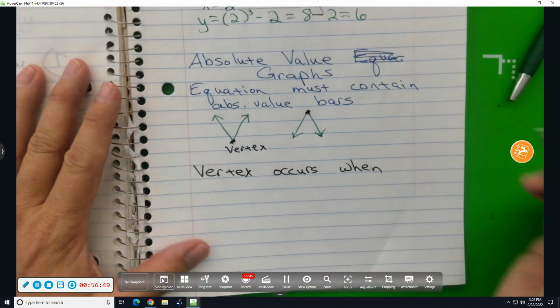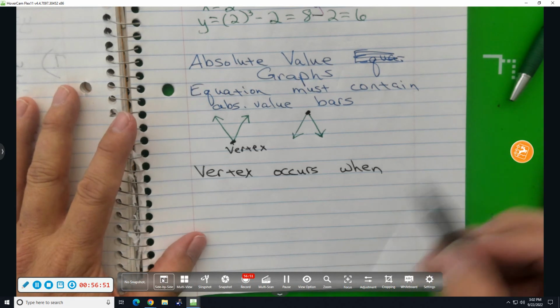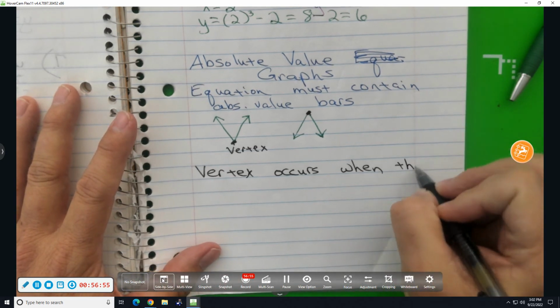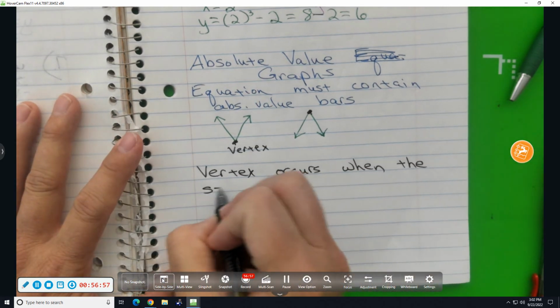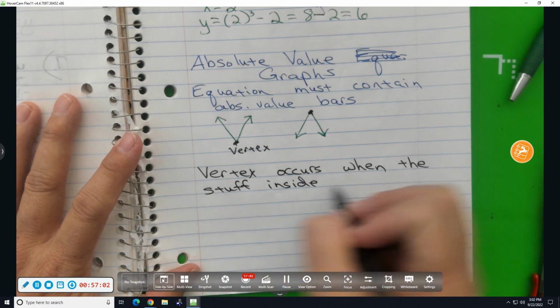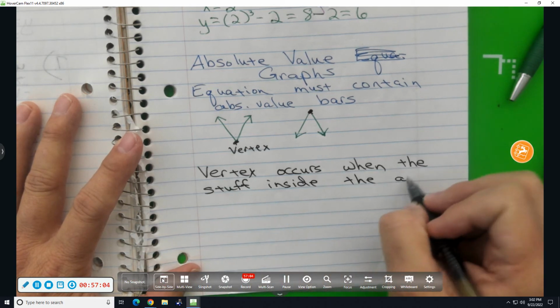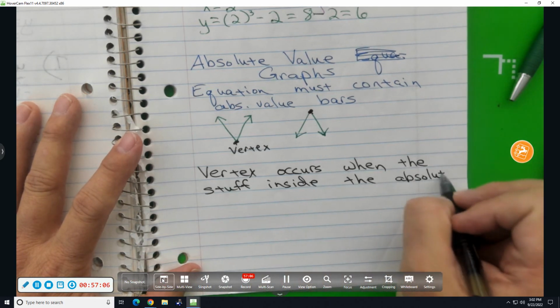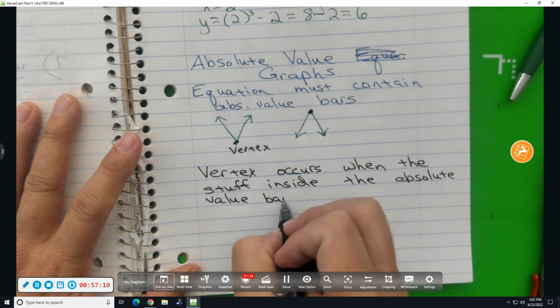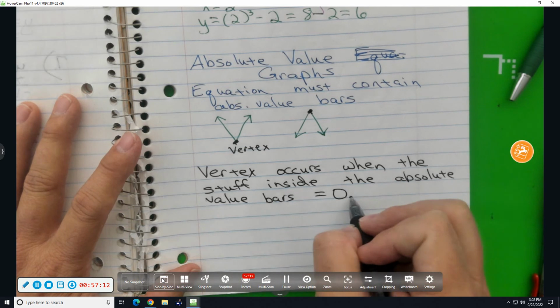I'm going to not say it fancy. I'm going to write it the way I just said it. The vertex occurs when the stuff inside the absolute value bars is equal to 0.